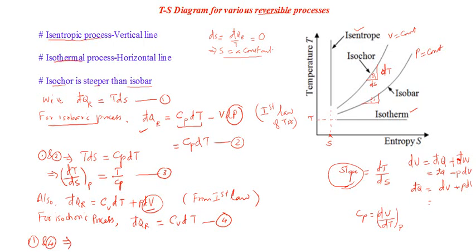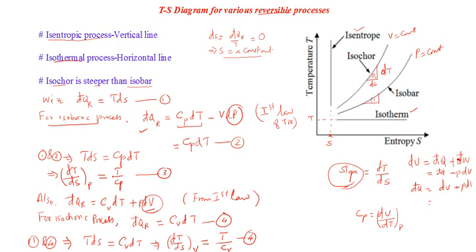You need to compare the slope, so it is dt by ds. You can rearrange that one. For constant volume, that would be equal to T divided by Cv. So equation 3 gives the slope of the isobar, and equation 4 gives the slope of the isochore.